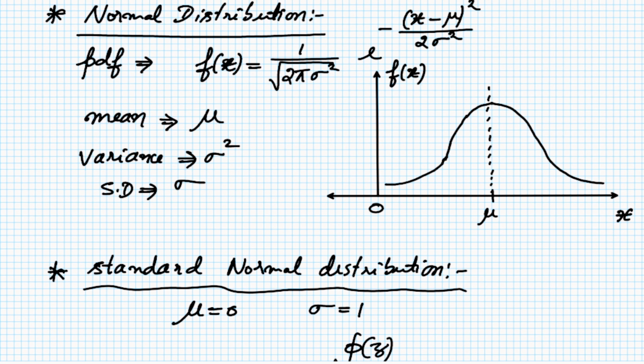The first one is the mean of the variable, denoted by mu, and the variance sigma square, or the standard deviation. You can consider one of them because the variance is the square of the standard deviation. This is what we had considered, and the general representation in the form of a graph is what you see over here.